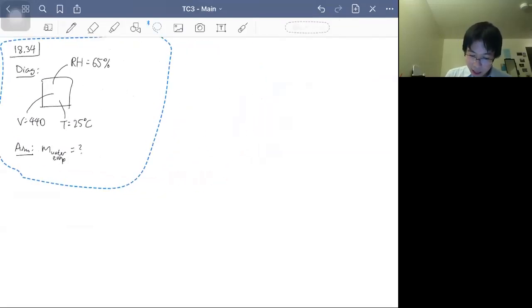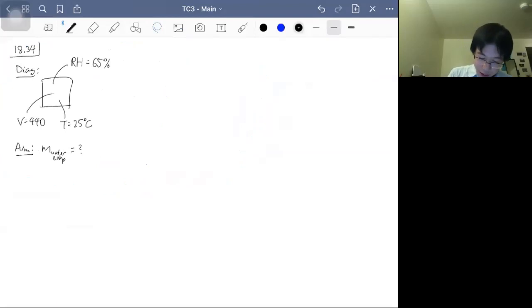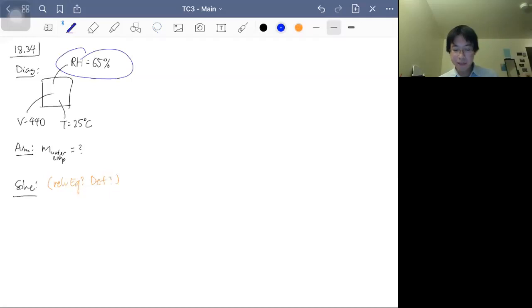Now the first thing I think of is what are the relevant equations or definitions. Here's a more tricky term, relative humidity. I'll immediately translate that into something more tangible.